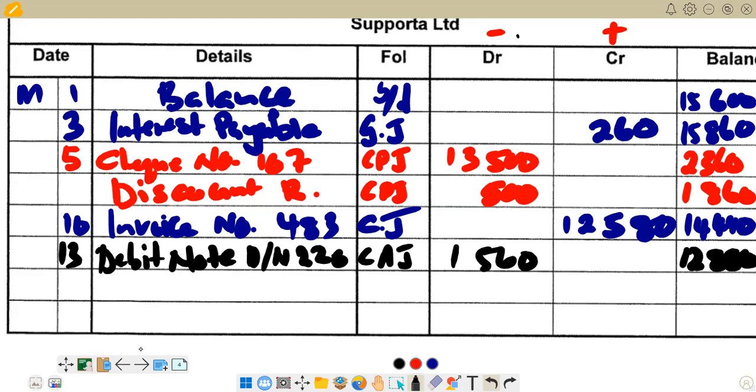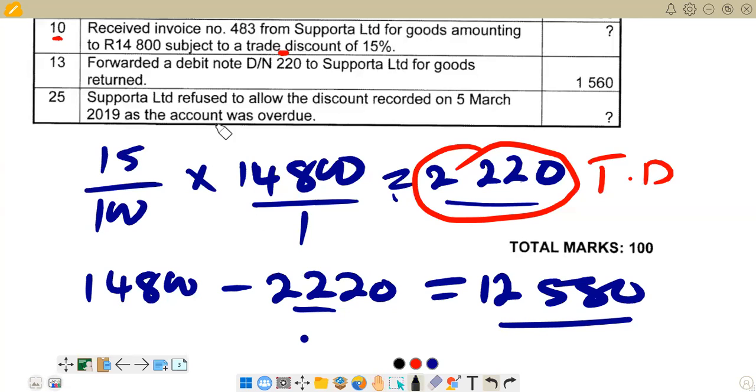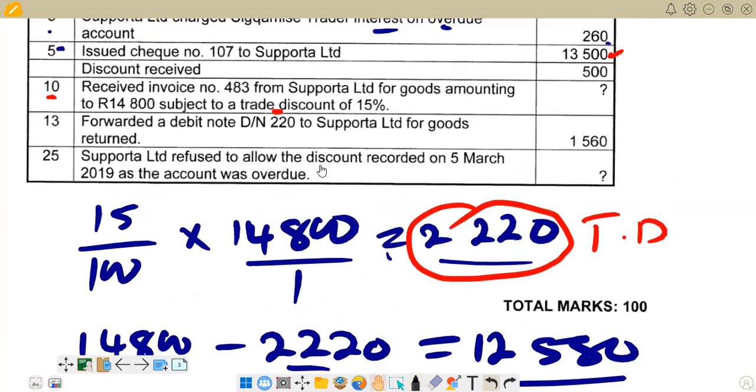Then we check the next transaction, which is that Supporter Limited refused to allow the discount allowed on 5 March 2019 as the account was overdue. So it means there is a discount that was allowed, and this is going to be reversed since we are told that Supporter Limited refused it. There's a discount of 500 that is going to be reversed.